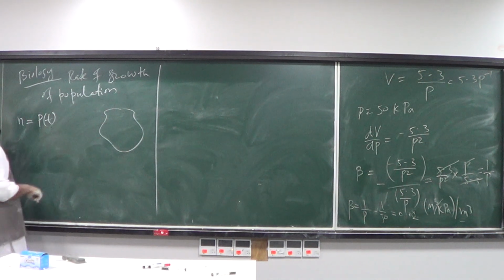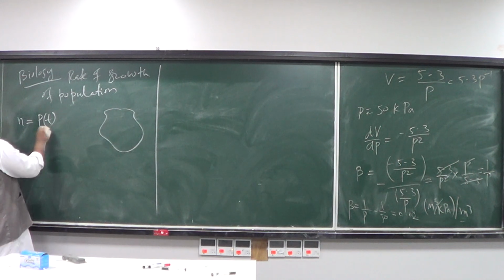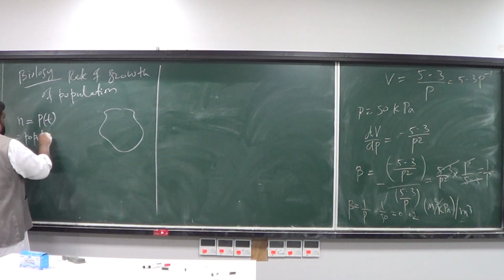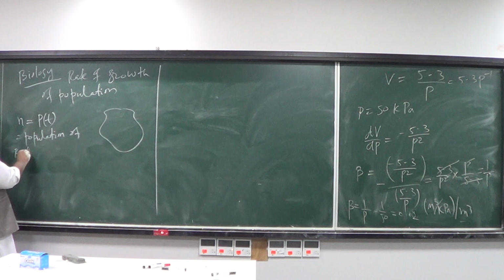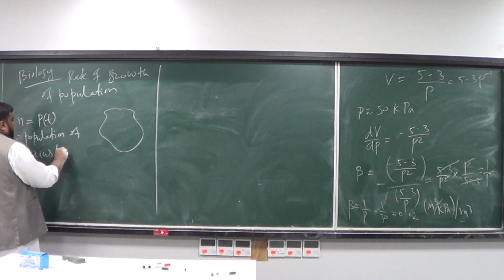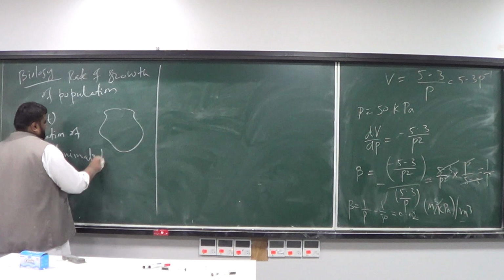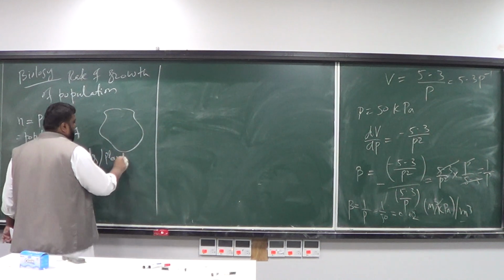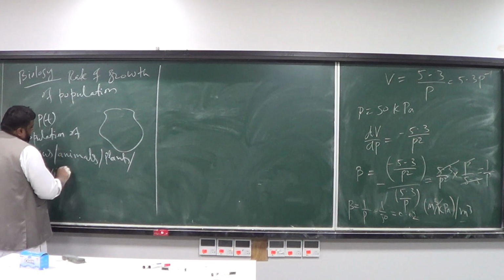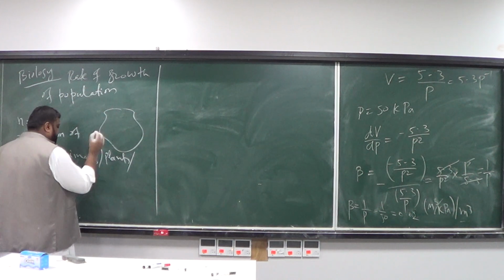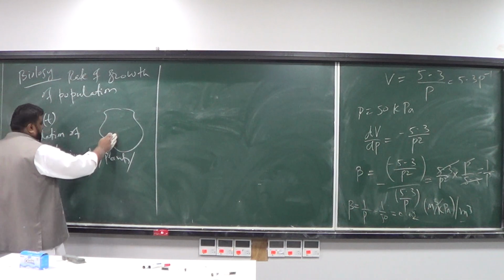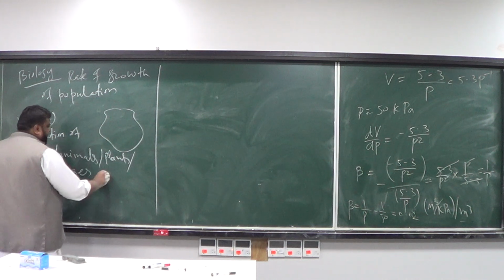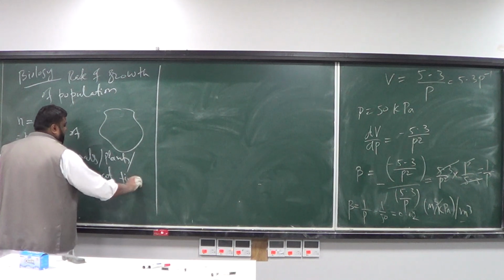So P of t is the population of bacteria, animals, plants, viruses in your computer, Trojan horses in your computer, etc. So n represents the population of the bacteria, animals, or plants in this region or your computer at time t.